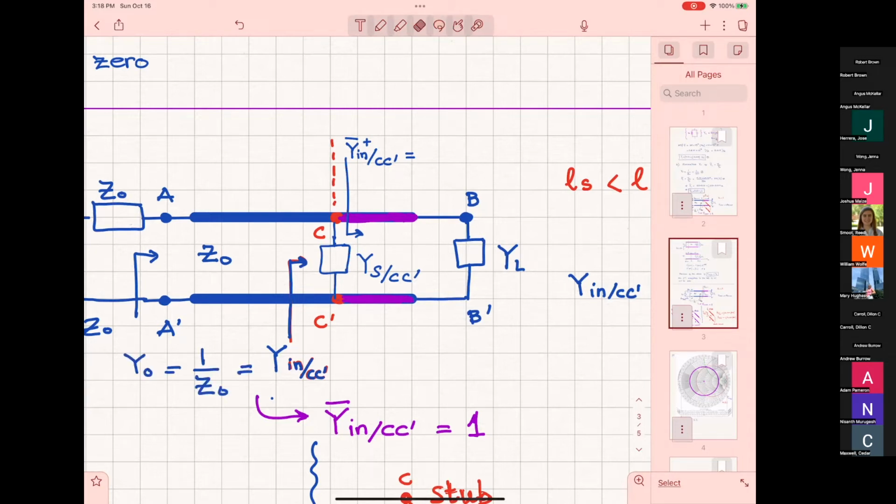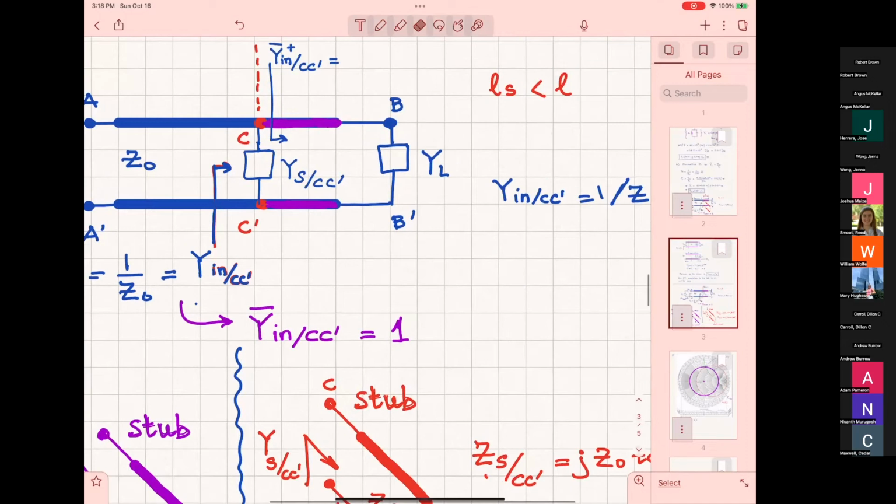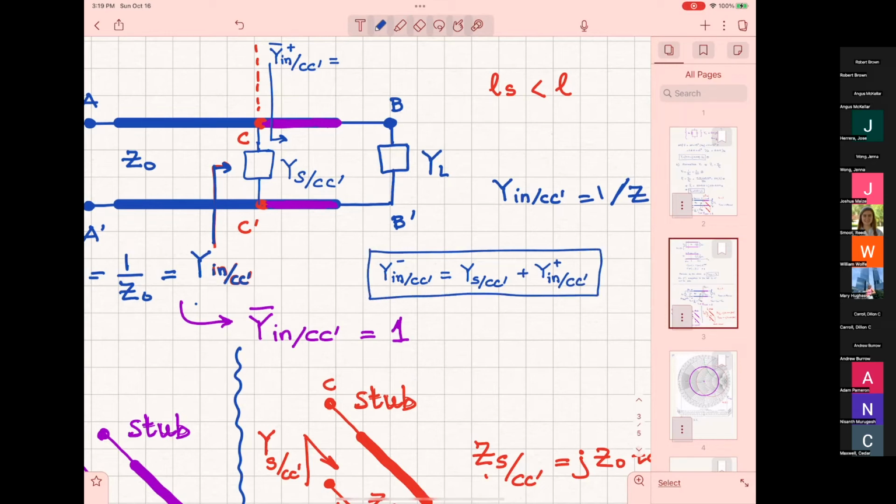The relationship that connects the two is that Y input at CC prime to the left of the stub is equal to Y of the stub at CC prime, plus the Y input to the right at CC prime. This is the relationship that I have at CC prime. That's what happens right there.